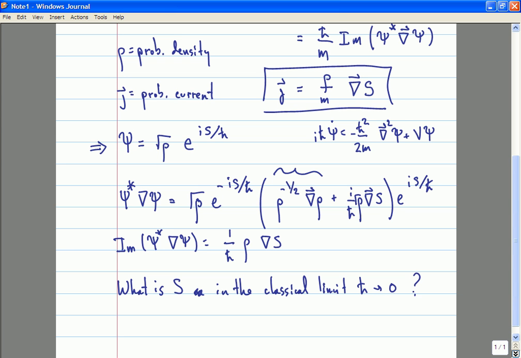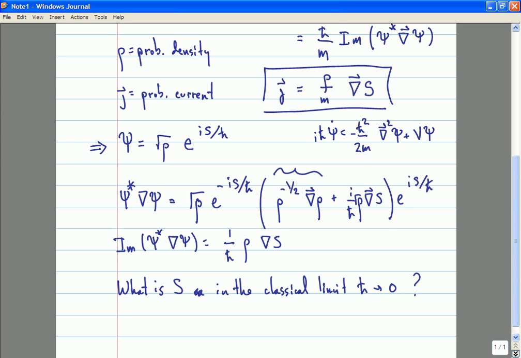Of course, quantum mechanics is very confusing, but in the limit where ħ goes to 0, quantum mechanics should go over to classical mechanics. I understand what the interpretation of ρ is in that limit. It's the probability of finding a particle somewhere. So what is the interpretation of S?